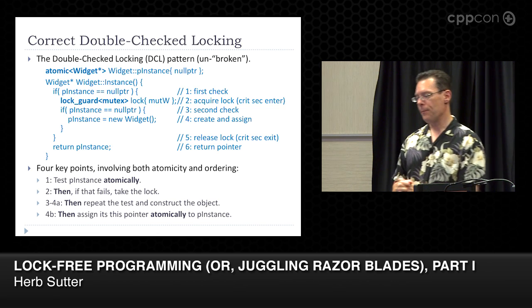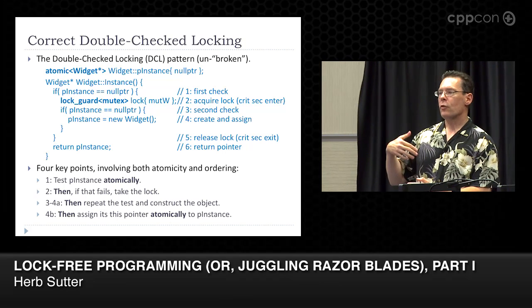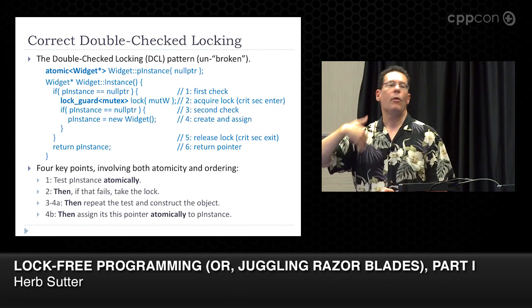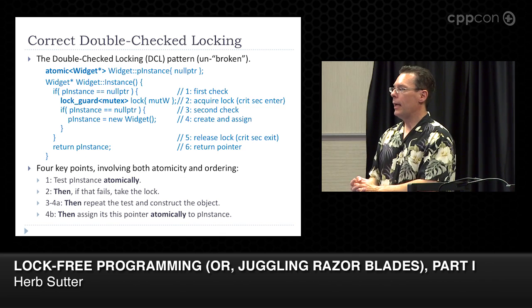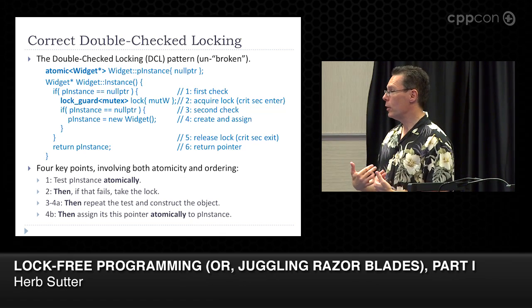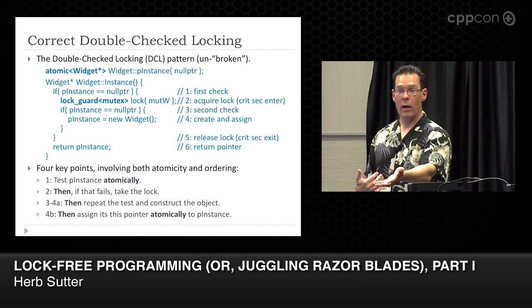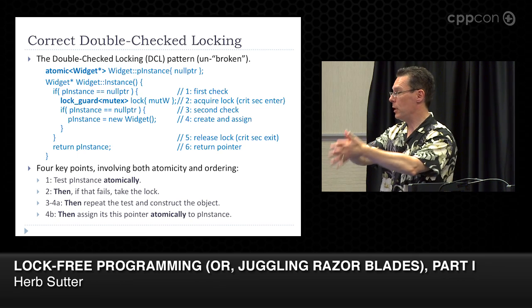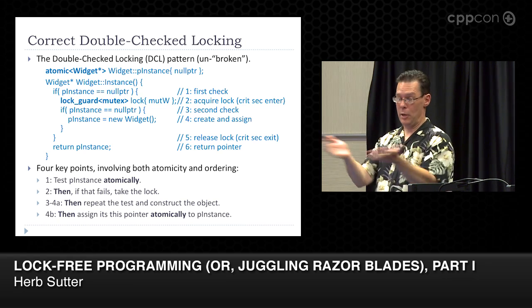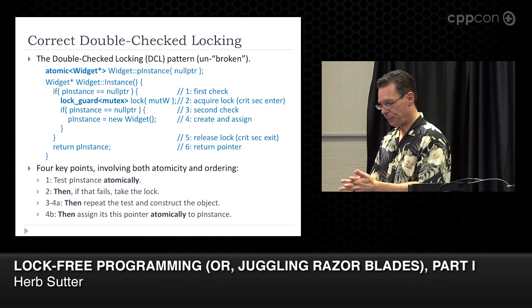The basic idea is if you're going to, say, get an accessor to the global widget, you call the instance method, and it returns you a pointer to the global widget. Now, the first time you call it, you have to construct it. You don't want 2 threads constructing the widget. That could be an expensive operation. It could be incorrect to try to construct it twice.